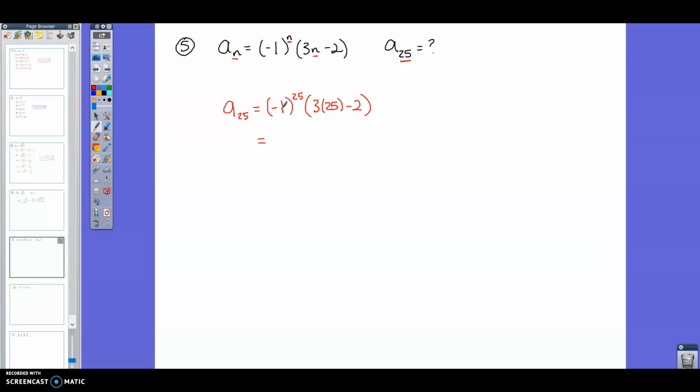Now, anytime we have a negative raised to an odd exponent, it's going to be a negative number, so that ends up being negative 1. And then here, 3 times 25 is 75 minus 2 is 73. So if we multiply those two, we get negative 73.